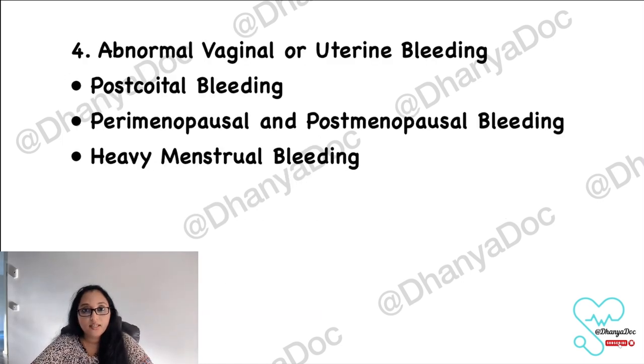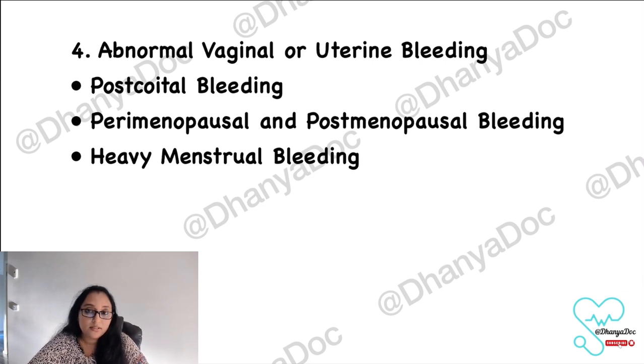Another important topic is abnormal vaginal bleeding or abnormal uterine bleeding, and this is another high yielding topic for your exam, because they will ask different scenarios based on different causes. So you should be thorough with the PALM-COEIN classification, different causes, different investigations of choice, and the management part also.